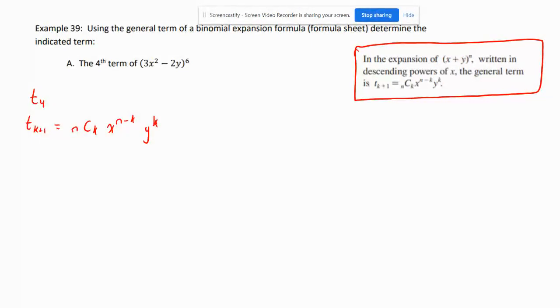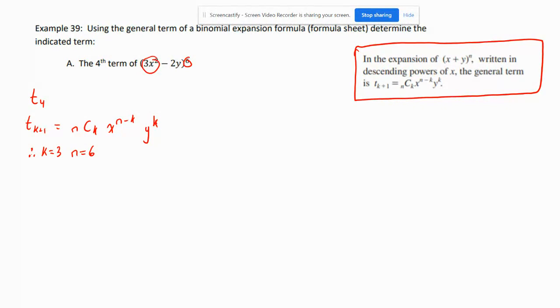Okay, so what do we have so far? If this is t4, k must be 3. Because t4, it's 3 plus 1 to give us t4. Okay, now our n value is this value over here, n equals 6. Our first term is 3x squared. Our second term is negative 2y.